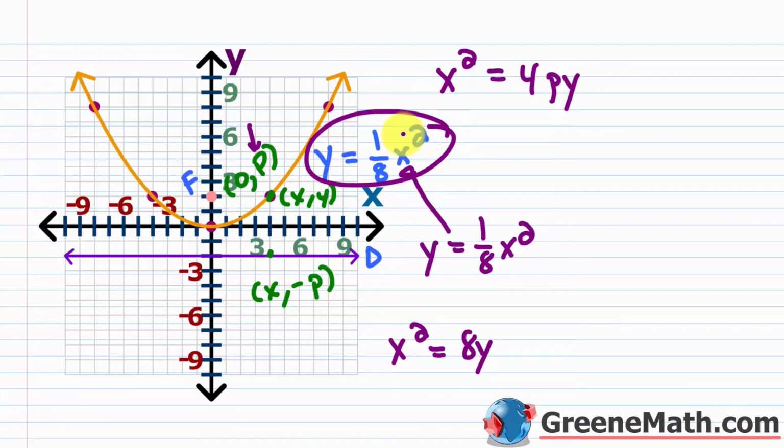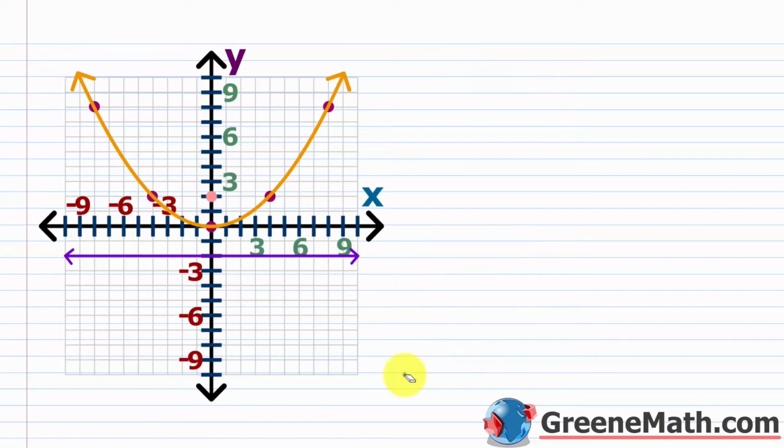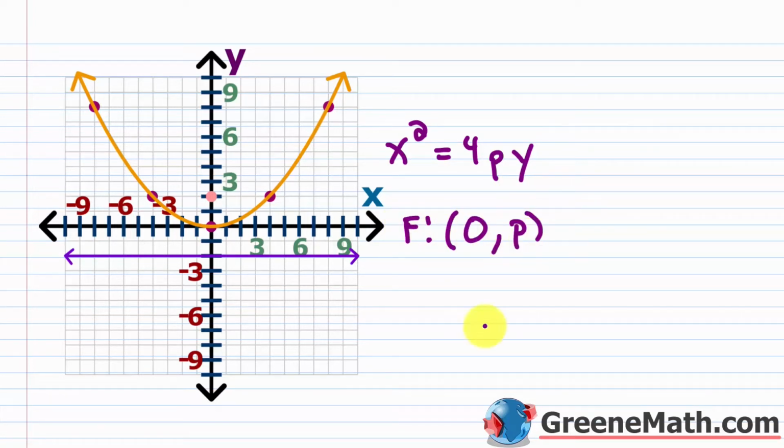Okay, let's talk about a few things that we're going to find useful here. Let me just kind of erase all of this and start with something that's fresh. So when we talk about these formulas, again, in this case, it's x squared is equal to 4py, okay? So the focus is at 0, p, okay?